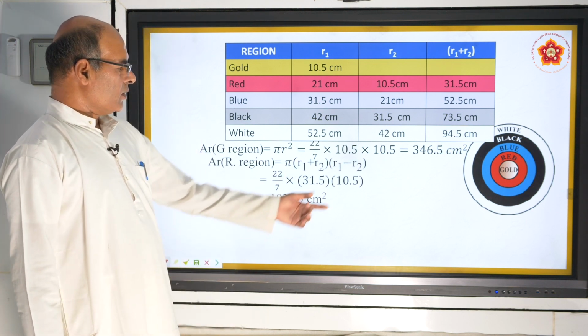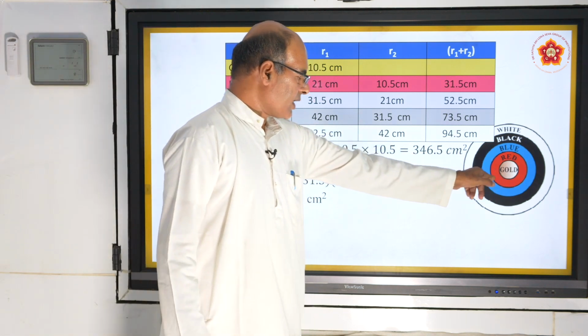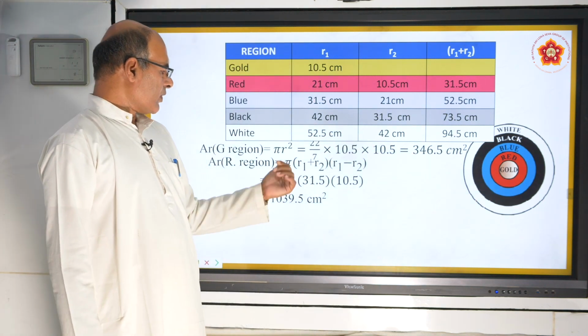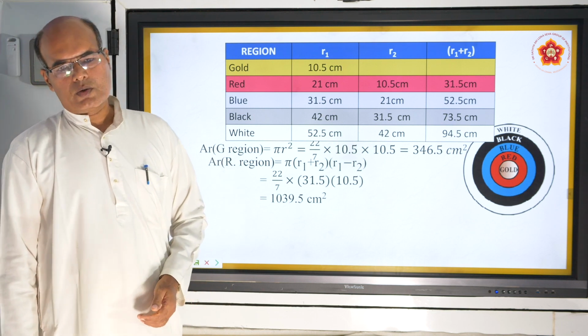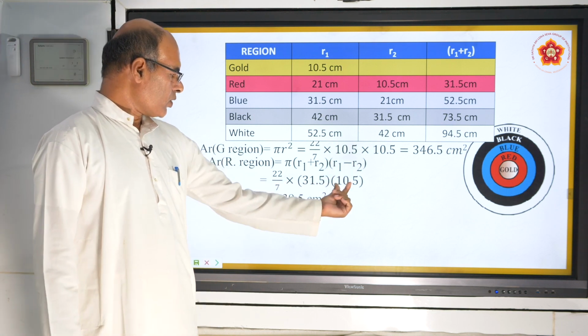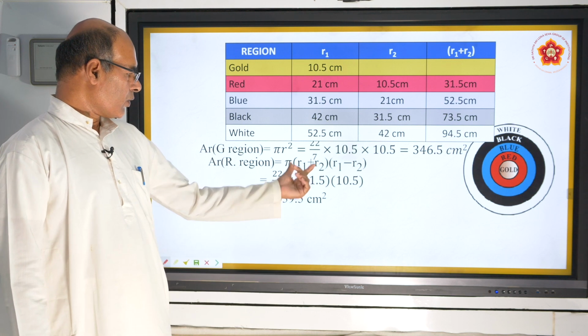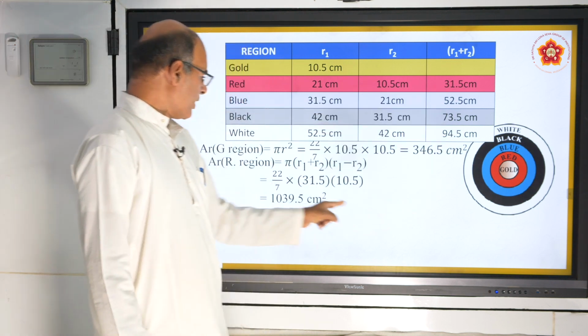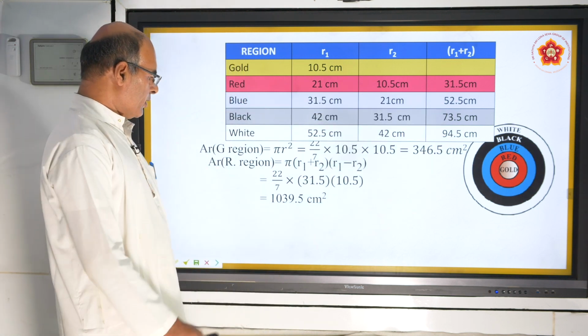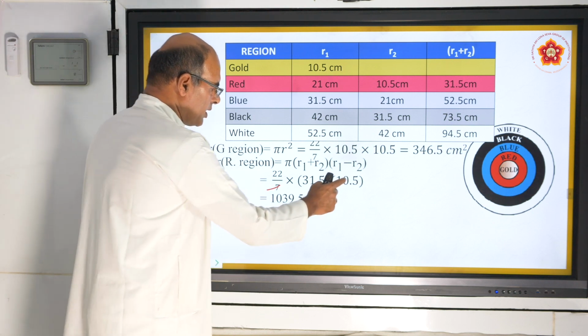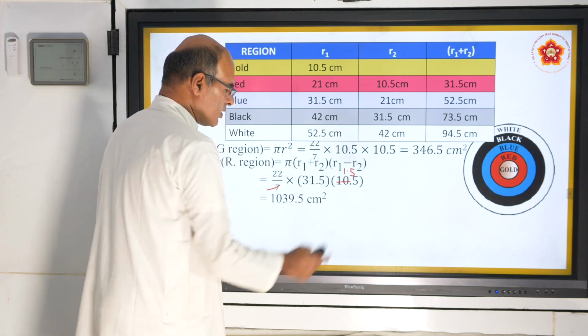Then for this red band, use the formula pi into (r1 plus r2) into (r1 minus r2). R1 minus R2 is 10.5, the width of the ring. R1 plus R2 is here 31.5. So substitute and simplify. This 7 ones are 7, 1.5, it cancels out.